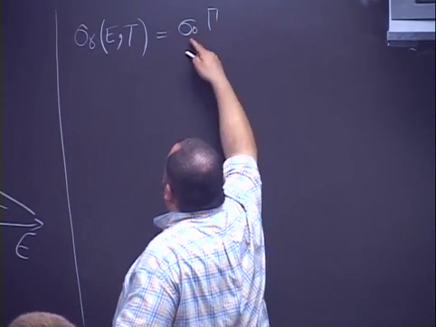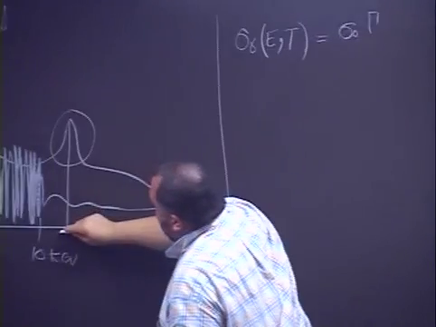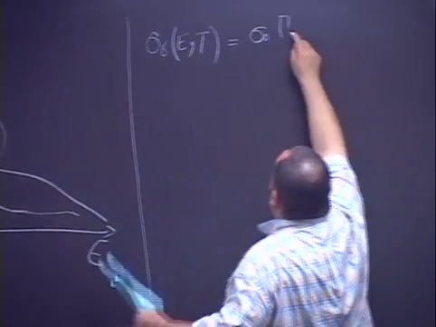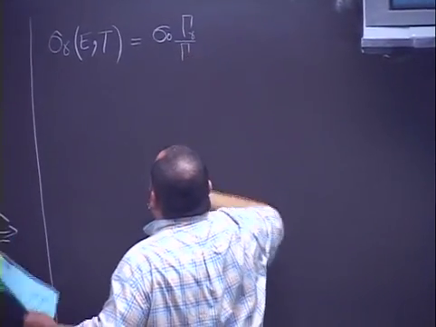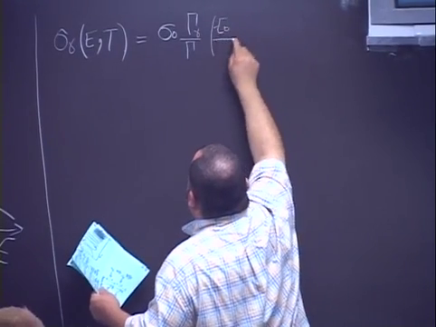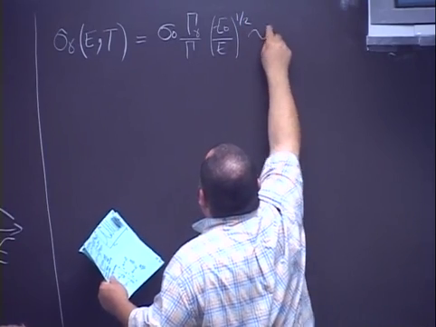And this is sigma naught, which is the peak of the isolated resonance at E naught here, multiplied by gamma gamma divided by gamma. What's gamma? Do you remember what's gamma? Multiplied by E naught over the energy E, all raised to the power of half.